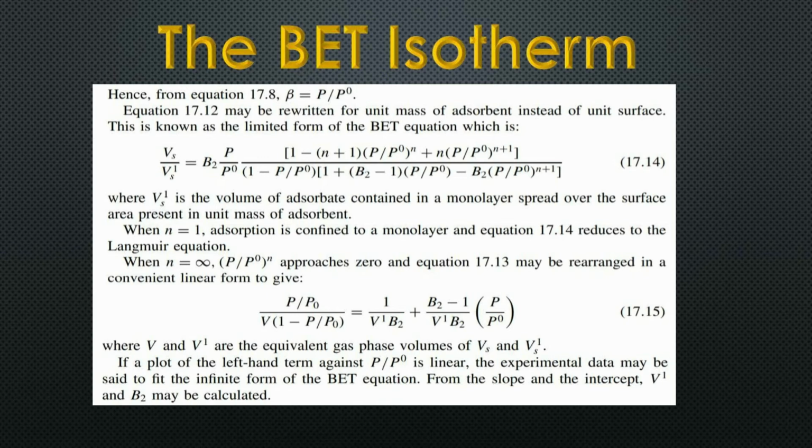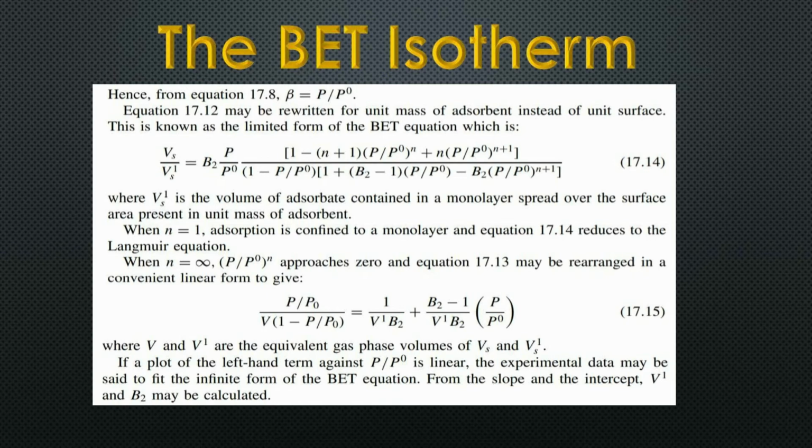This is known as the limited form of the BET equation, equation 17.14, where V_s^1 is the volume of adsorbate contained in a monolayer spread over the surface area present in unit mass of adsorbent. When n is equal to 1, adsorption is confined to a monolayer, and equation 17.14 reduces to the Langmuir equation.